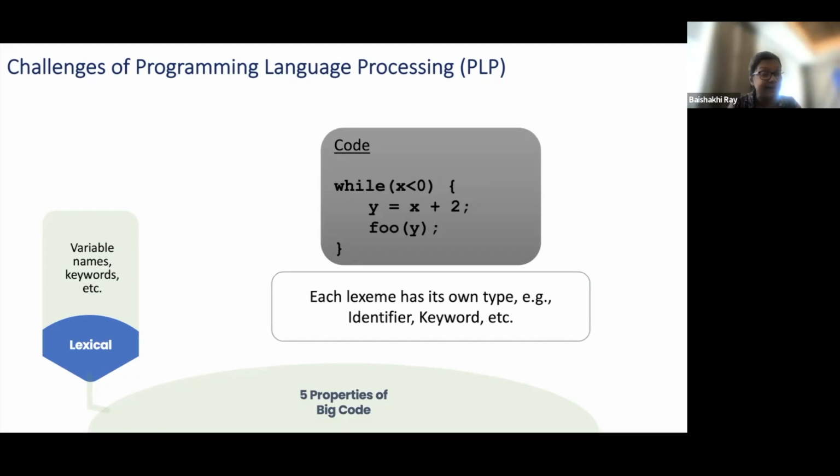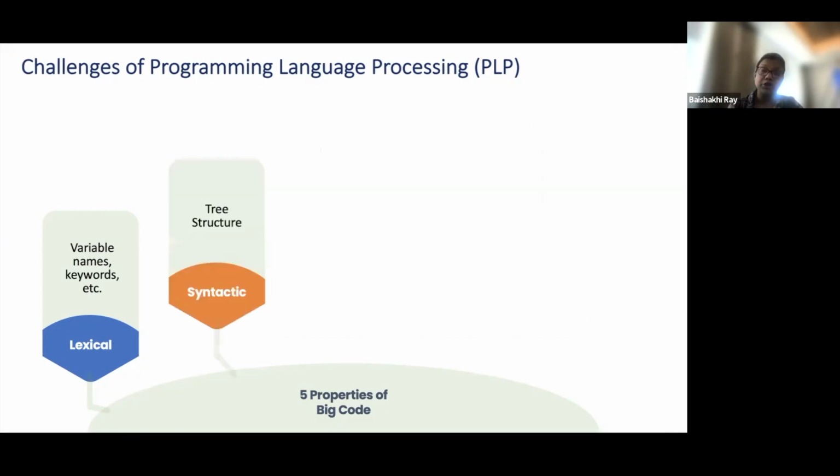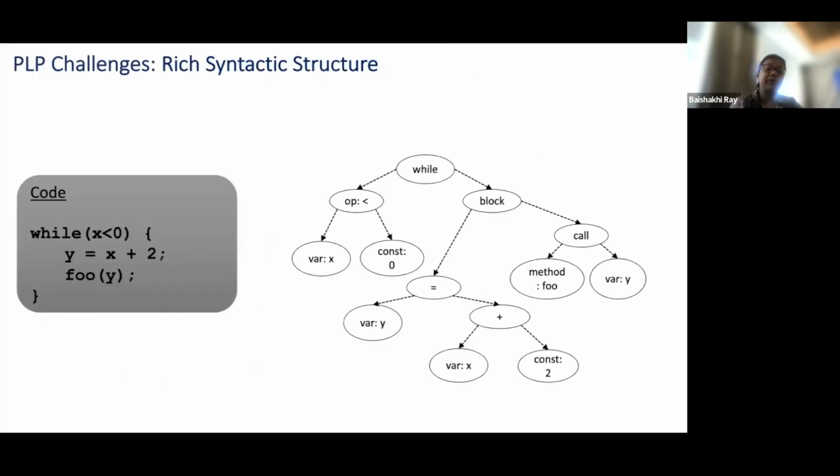So basically you can create pretty nonsensical identifier names, and that creates a challenge for any code modeling task. On top of that, code has rich syntactic structure, right? So even if I have this simple while loop, the abstract syntax tree that can be generated from this while loop is quite large, as you can see here.